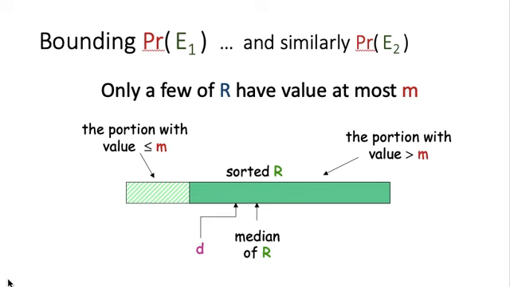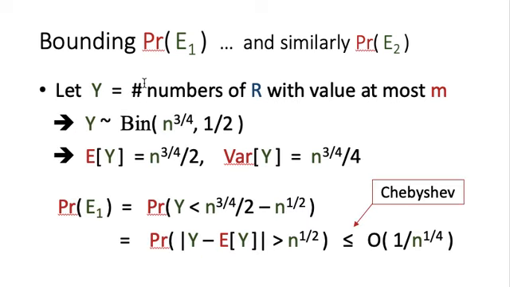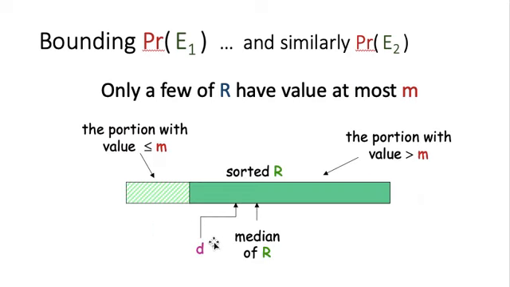So how do we do this? Let's define a random variable y to be the number of values in R with value at most m. Before we see the final outcome, the selection of the numbers into R is a process of picking numbers from the set S independently one by one.